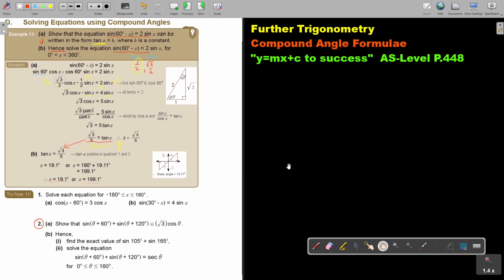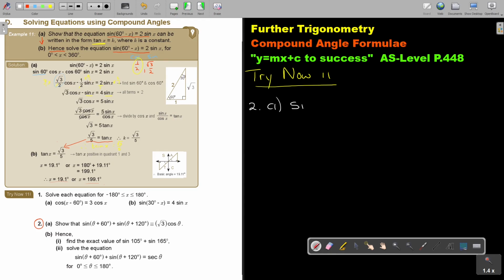Okay. So I didn't write here, but this is Try Now 11. Let's just write it. Try Now 11. Okay, and this is number 2. Let's start. Show, okay, so it's almost like a proof. That's what they say.